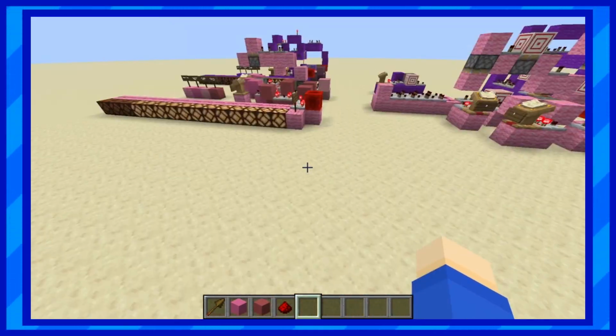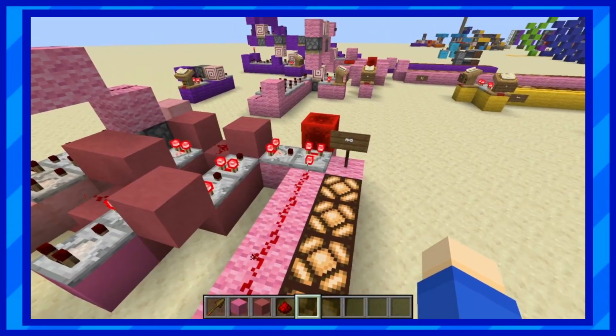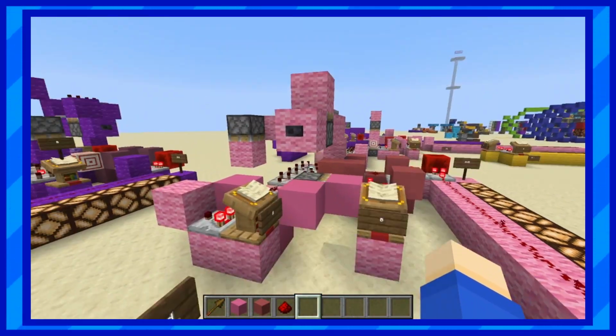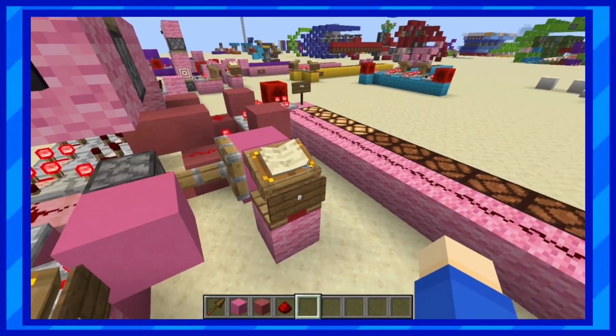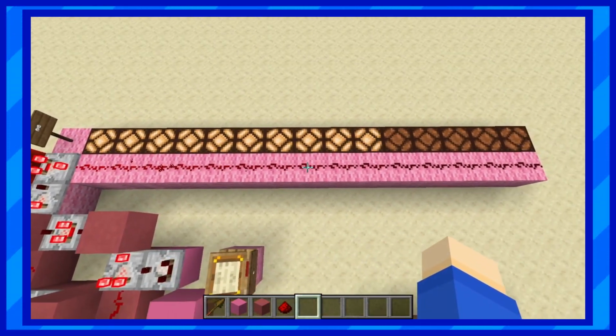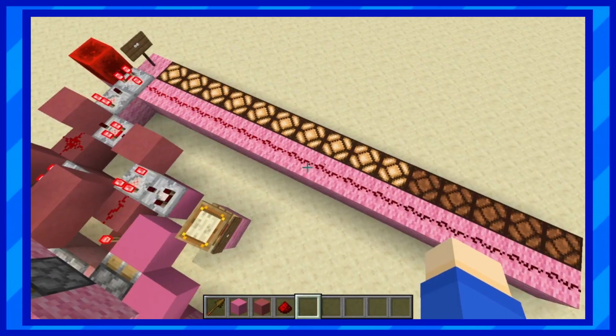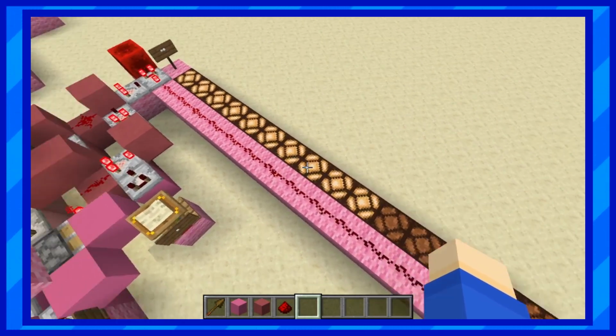Again, similar to that. And by the end, you have 5 times 2 for 10. If you count that up, that's 10.